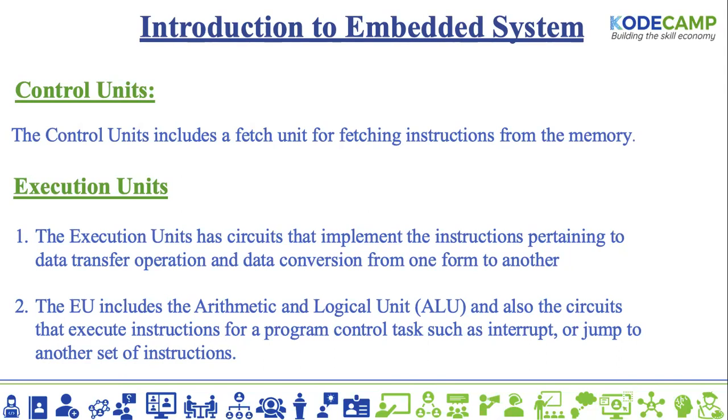Knowing that we have these two components inside the processor, processors are divided into different parts, and they are generally two. Number one, we have the general purpose processors, and then we have the application specific processors.